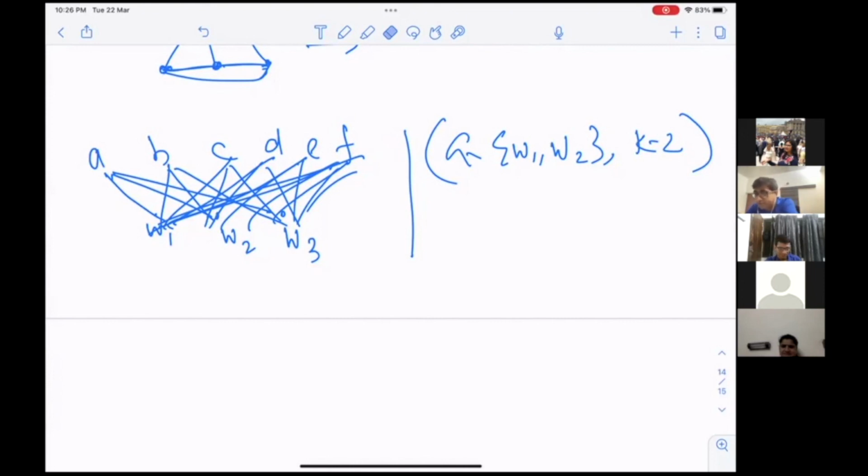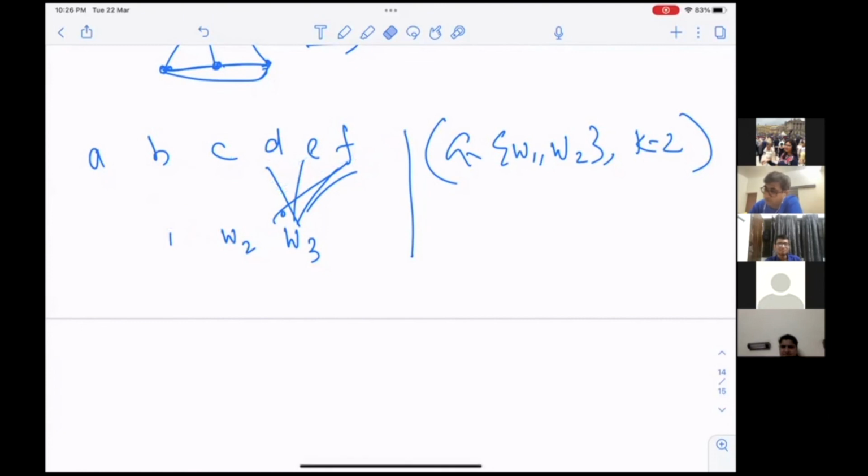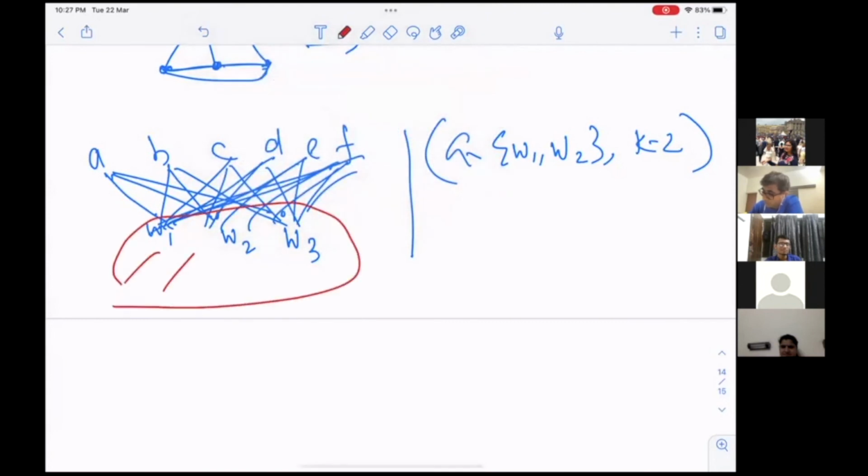It's a complete bipartite graph between A, B, C, D, E, F and W1, W2, W3. And of course, there's a graph hanging on them. W1, W2, W3 could be connected to the rest of the world, just like a neighbor of a single degree vertex could be connected to the world. This is how it looks.